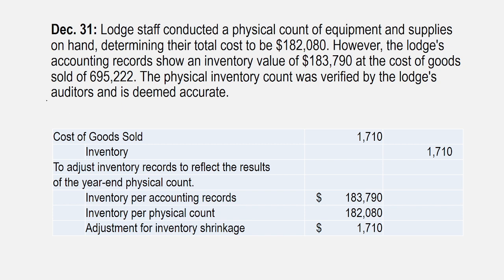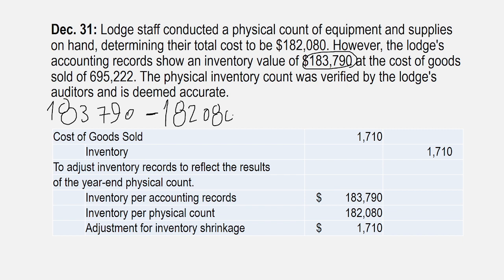In fact, 183,790, the amount that the accounting record shows, minus 182,080, the amount the physical count shows, equals 1,710. And this 1,710 shows the shrinkage in the amount of inventory, because the amount in the accounting records is more than the real physical count.